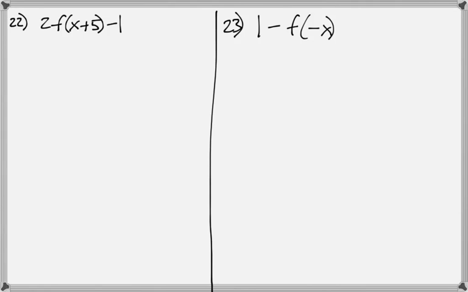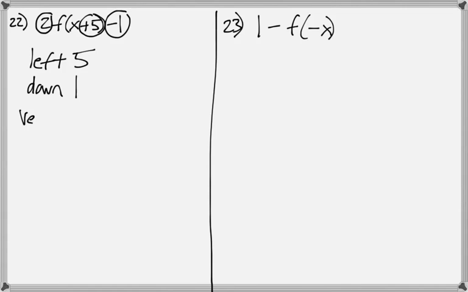So the plus 5, that's going to be left 5. The minus 1 is going to be down 1. And then the 2 being multiplied is going to be a vertical stretch of 2.